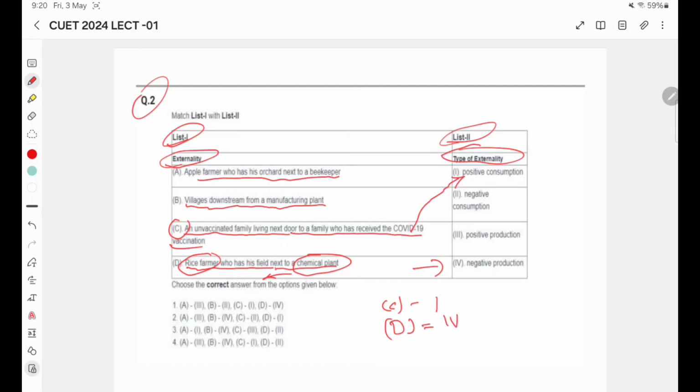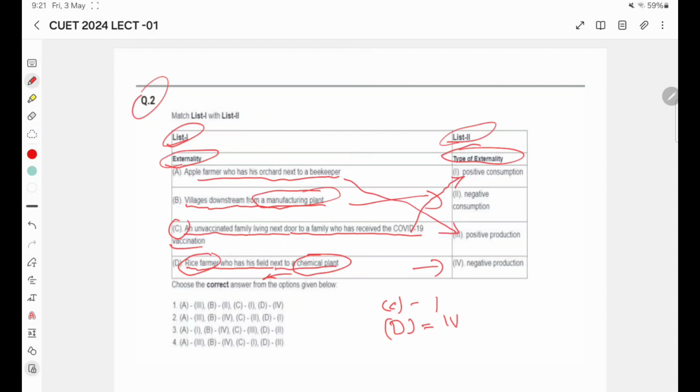And villagers downstream from a manufacturing plant: it is from a manufacturing plant, and there is a downstream. So this option would be negative consumption externalities. And the apple farmer who has his orchard next to a beekeeper, then it is positive production externalities.